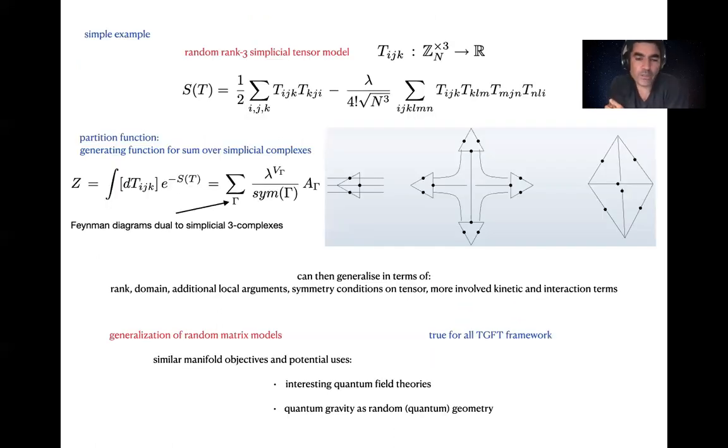So to give a first idea and a sort of pictorial impression of the main features that I just illustrated of these tensorial field theories, I give you just the simplest example. Let's consider a random simplicial tensor model at rank 3. So we have a tensor, which is a map from 3 copies of some finite set, let's say a finite group, to the real numbers.